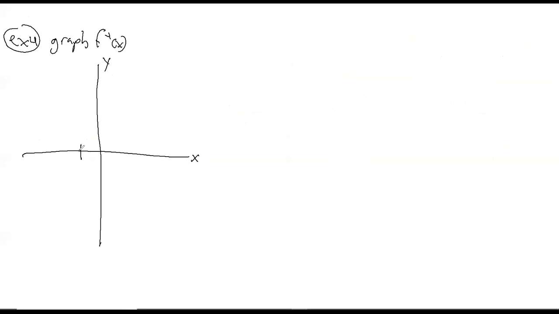So I'm going to have a point over here at -1, 0, then a point at -3, -2, and then a point at 4, 2. 1, 2, 3, 4.